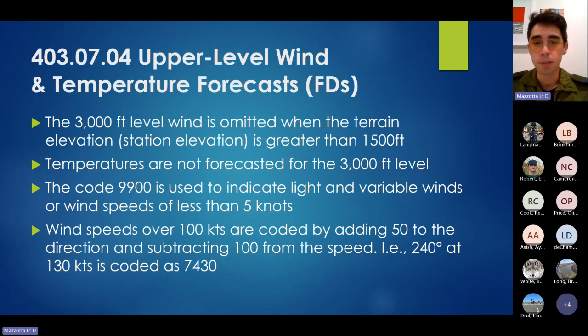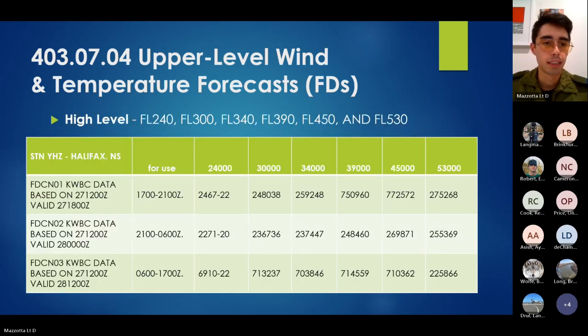That will not be tested, so don't worry about that. That's more so for IFR stuff. And just for an example, that's what those upper level winds look like for above 24,000 feet. So unless you're flying high performance aircraft, I wouldn't worry about this just yet.